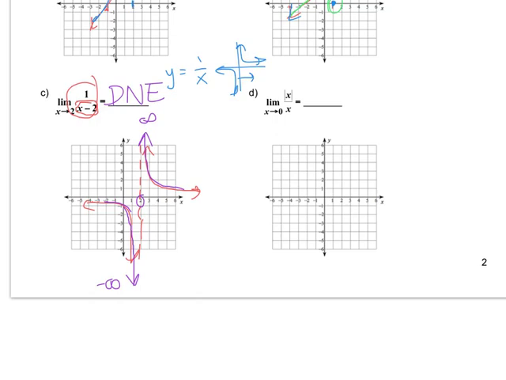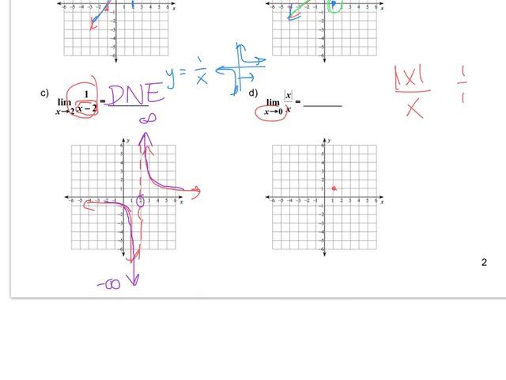Okay, let's look at this next one, the limit of absolute value of x divided by x itself, as x approaches 0. So let's think about what this function would look like. First of all, I can't plug in the value of 0. But let's think about what happens as we put in the value of 1. So here's our function. If I plugged in 1, it would be absolute value of 1 over 1, which is just 1.